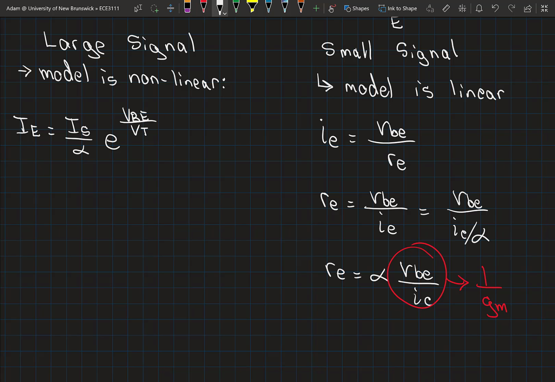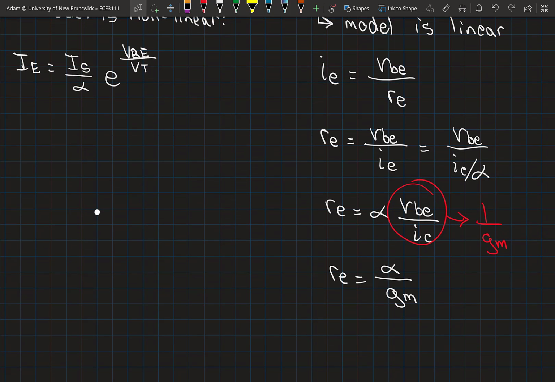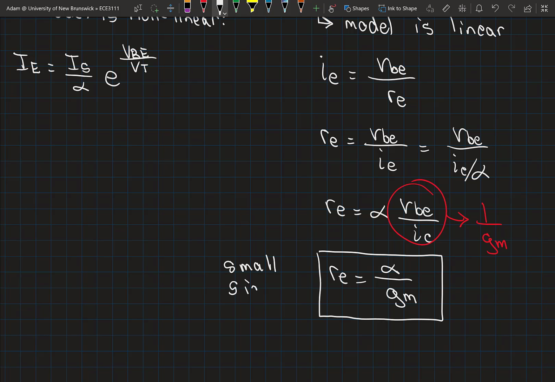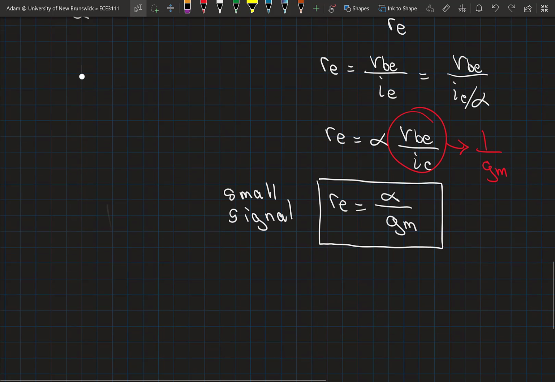Substituting that in, we can show that our intrinsic emitter resistance is in fact equal to alpha over our transconductance parameter. Okay, this is another small signal parameter of significance, and as we see, it's used in our small signal T model.